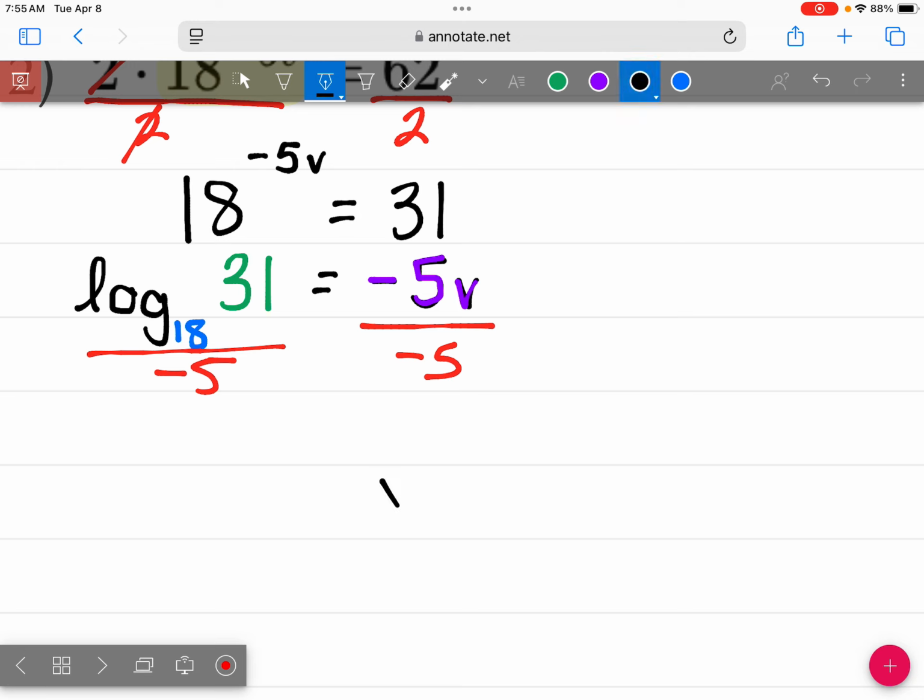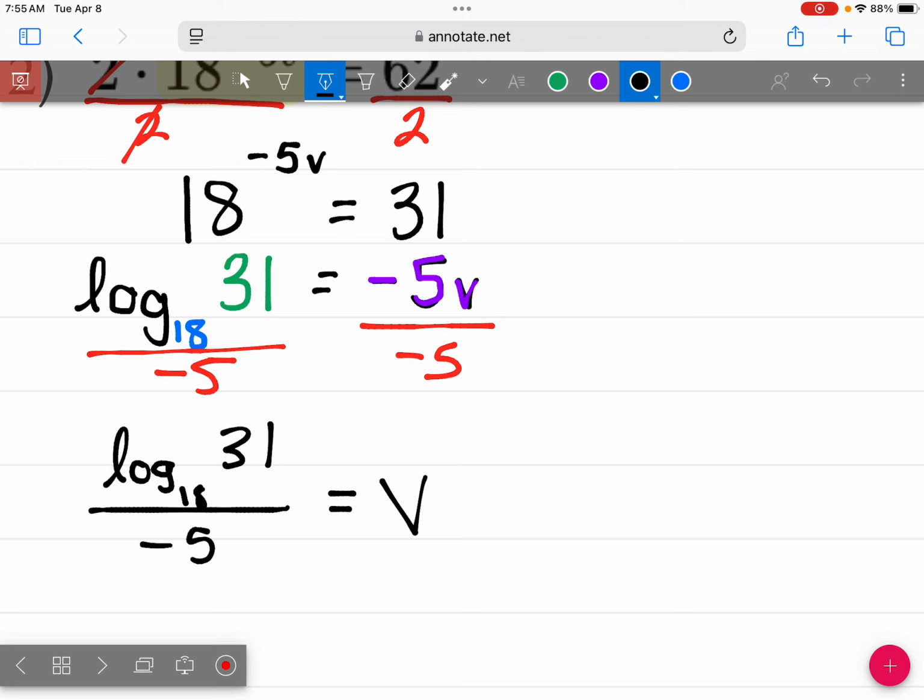So we're going to have that v equals our log base 18 of 31 over -5, which is absolutely fine and technically correct. I don't have any idea how far that is, what time that is, whatever unit we're looking at here, not a clue what that is.